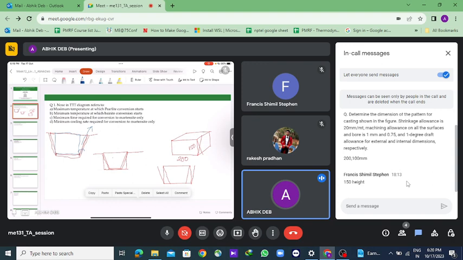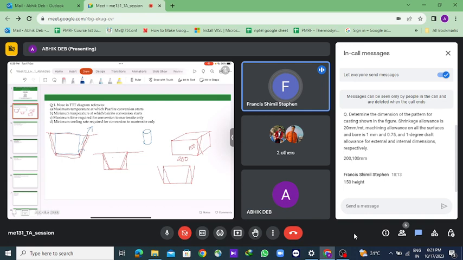If it is cylindrical, then we have to give the draft allowance in such a way. They have asked to give the draft allowance in the internal dimensions also. Okay, 1 degree draft allowance for external and internal dimensions. Then for internal dimensions, you have to increase the dimension in such a way.